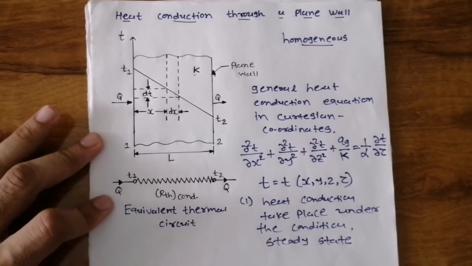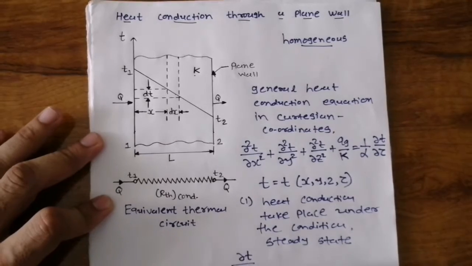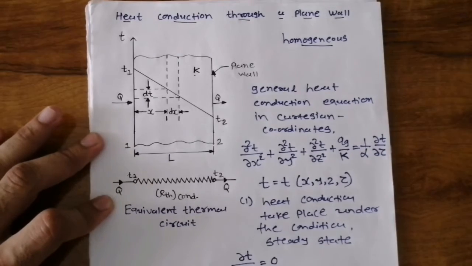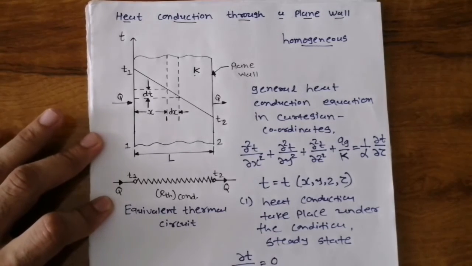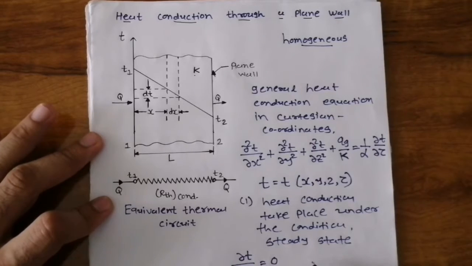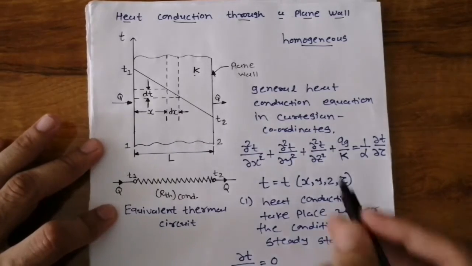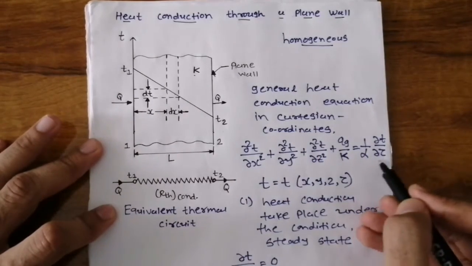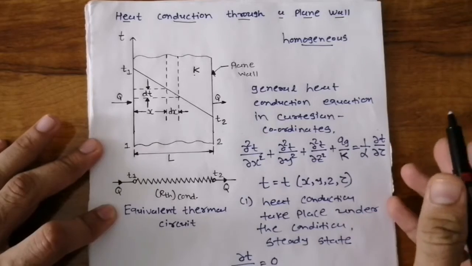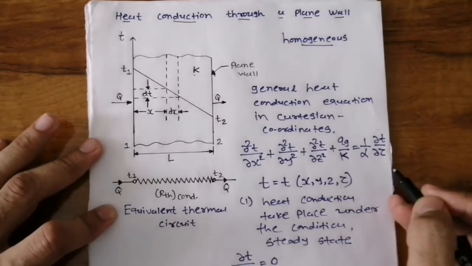Steady state condition means del T by del tau is equal to 0. It means temperature does not change with respect to time; temperature remains constant. So in the Cartesian coordinate equation, that term becomes 0.